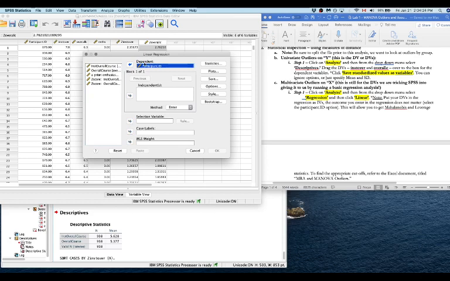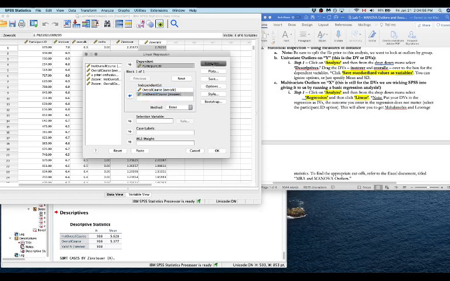What the dependent is does not matter, so I'm just going to put that in. And then both of these are going in as independent, and that's just so that it will give us the stats that we want. When we're looking at these outlier things, it does not matter what the dependent is.